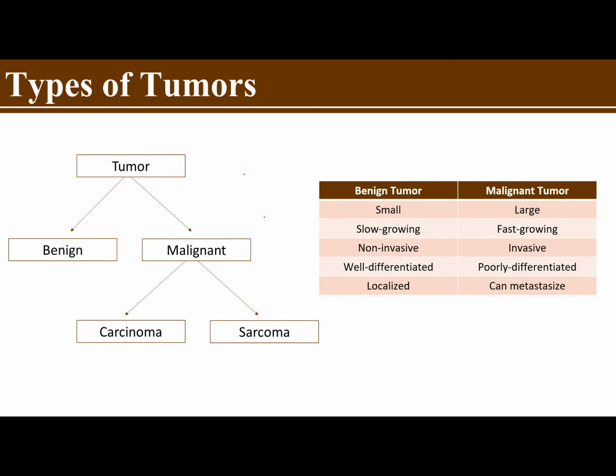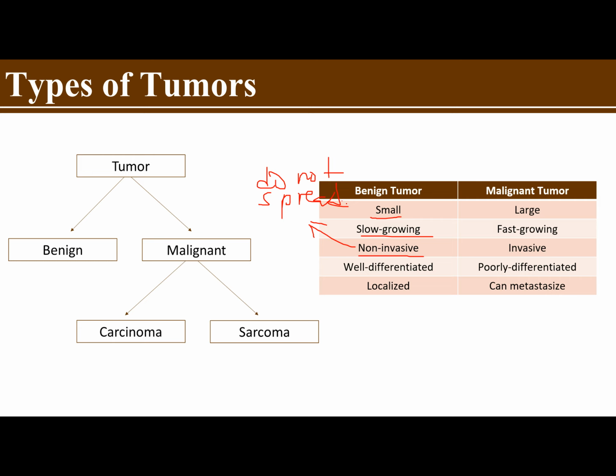So your tumor could be subdivided into two types, your benign and your malignant. When you say benign, class, they tend to be small, they are slow growing, non-invasive. When you say non-invasive, they do not spread. They are not capable of spreading. Let's say, meron kang cancer sa buto.